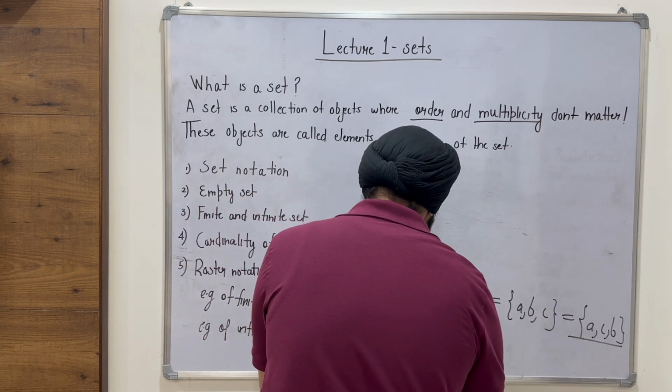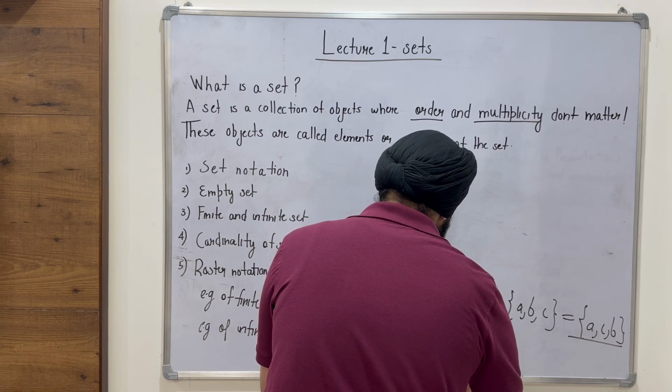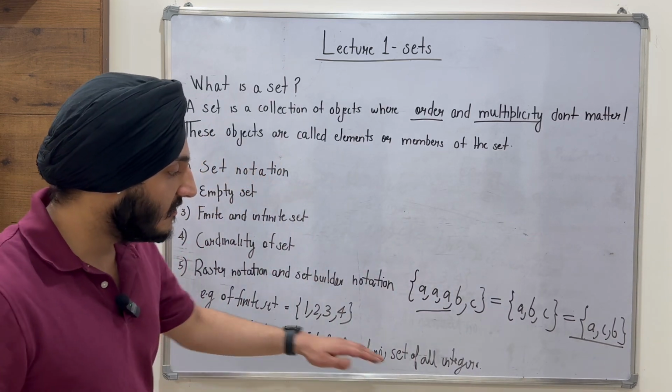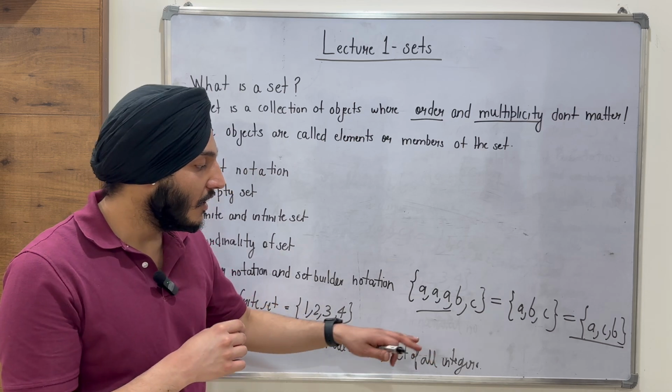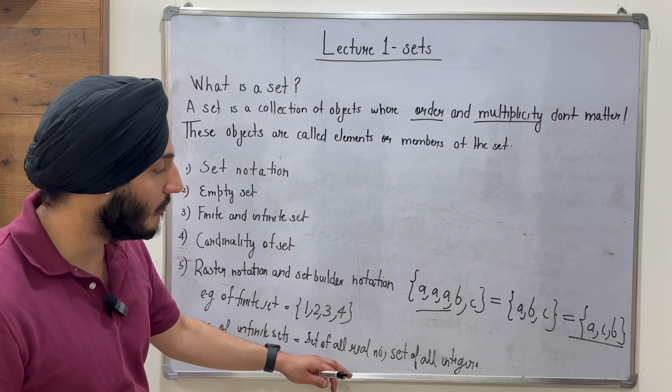In the same way, it could be the set of all integers. We know that these sets go beyond a certain point, right? For example, the set of integers goes from negative infinity to positive infinity, and the same is true of the set of real numbers as well.